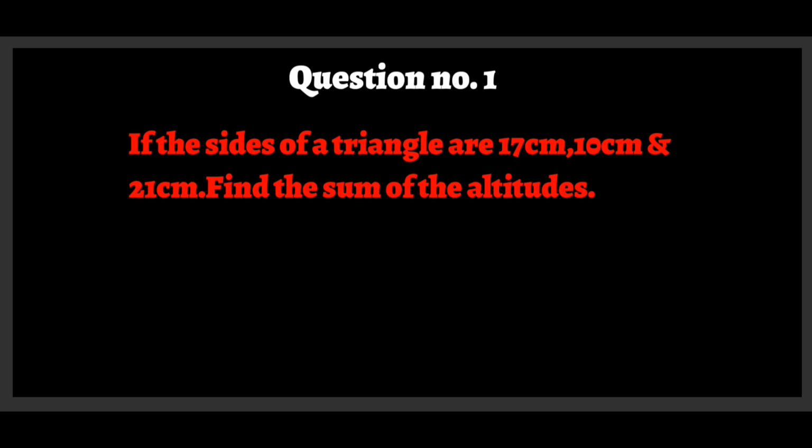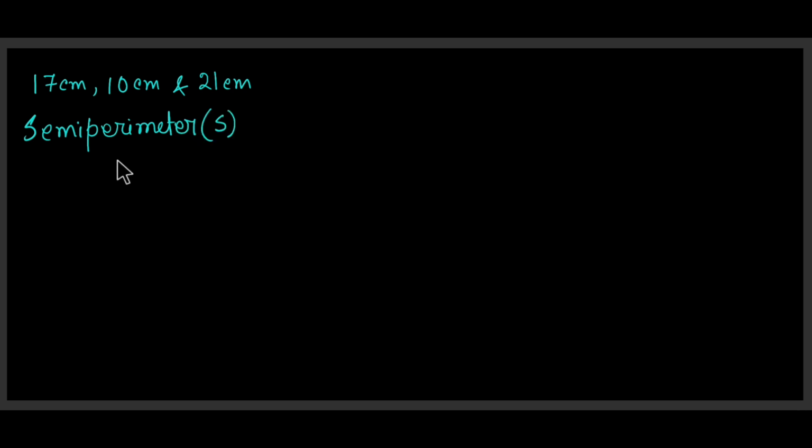Question number 1. The sides of the triangle are 17 centimeter, 10 centimeter, and 21 centimeter. So the semi-perimeter is equal to (17 + 10 + 21) divided by 2, and it will be 24 centimeter.